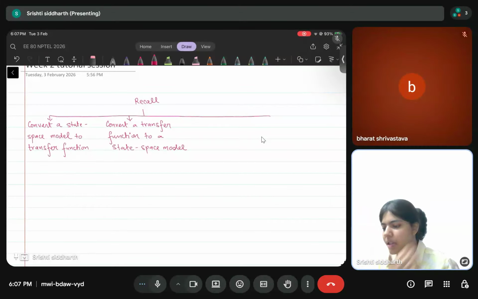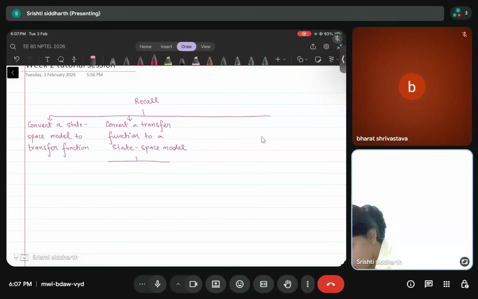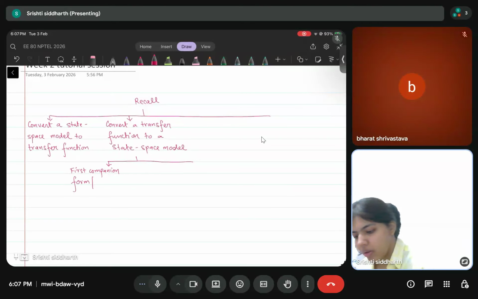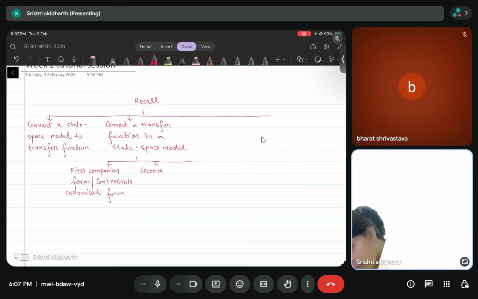Since the state space representation is not unique, we are going to focus on three forms. The first one is the first companion form, also known as the controllable canonical form. The second companion form, or the observable canonical form.